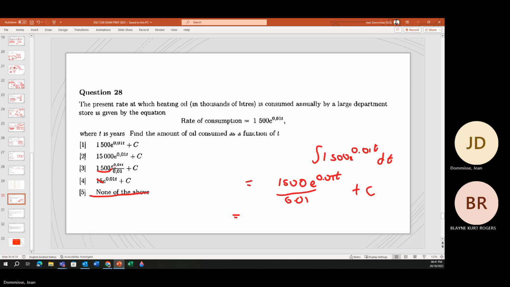I would have gone with that, because that is how it should be. That's why I don't like the none of the above kind of question, because one doesn't know if they purposefully made a mistake or if it was just a printing error. So that should be your answer. Okay.